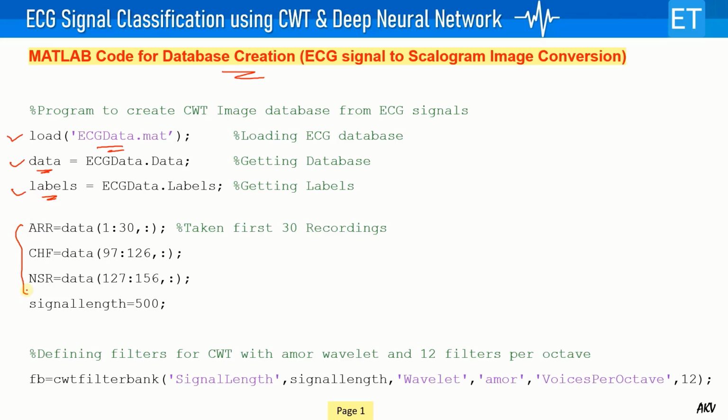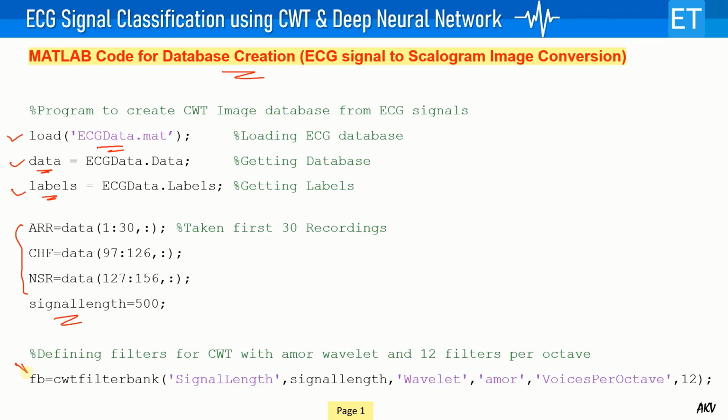As I said, to get equal distributions, we are taking only 30 recordings from each. So we have the ARR matrix, which has only 30 recordings. CHF is also 30 recordings, from 97 to 126. NSR also has 30 recordings, from index 127 to 156. And the signal length, as I said, is 500.